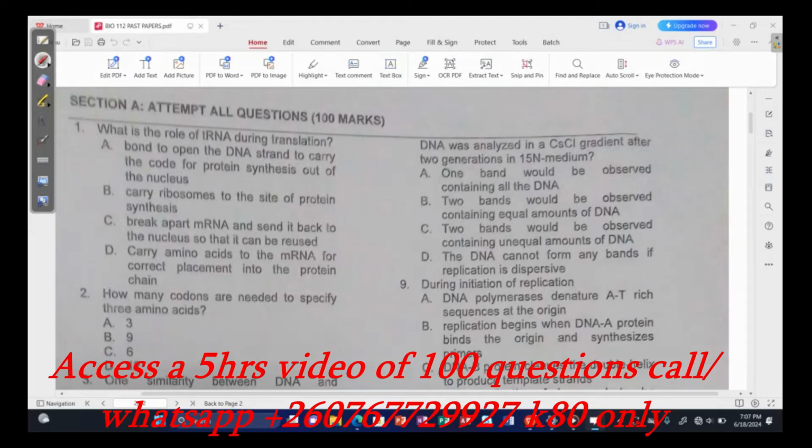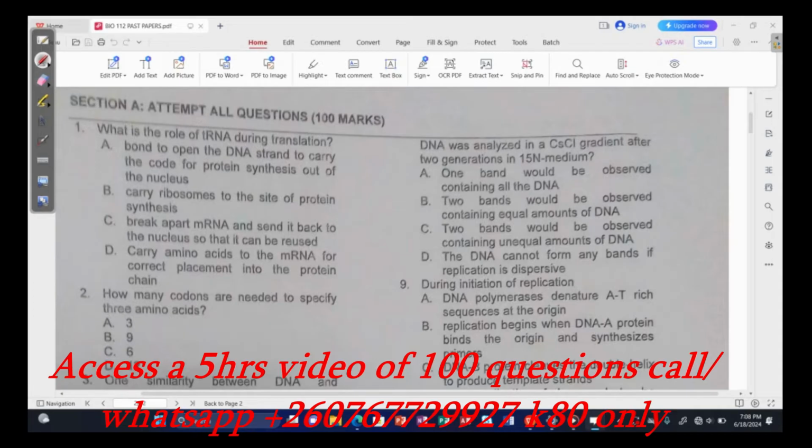So this question is coming from the Meselson and Stahl experiment, which confirmed that DNA replication was semi-conservative. So in this case, we are saying if DNA replication was dispersive, what results were going to be obtained after growing this bacteria in a medium which contains heavy nitrogen, that is nitrogen 15, for 2 generations.